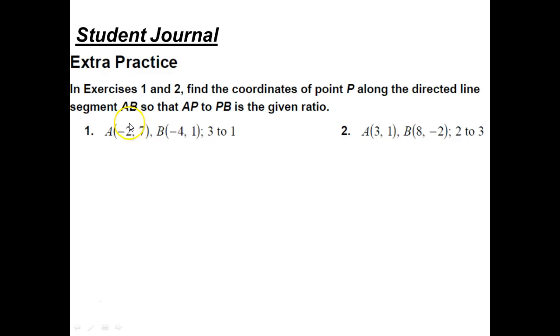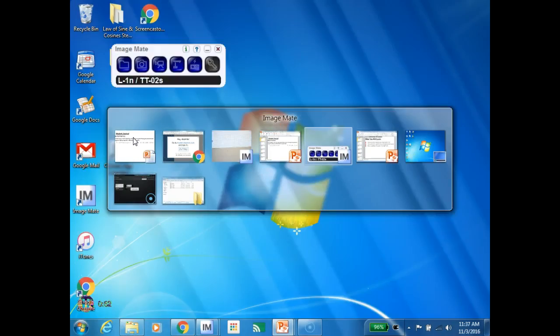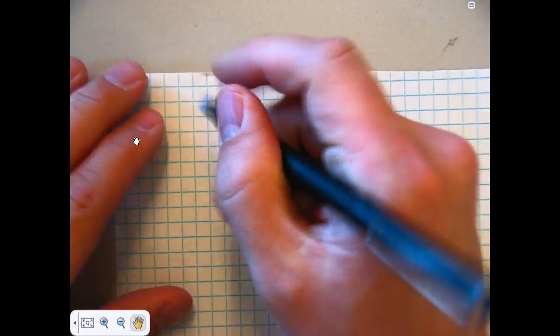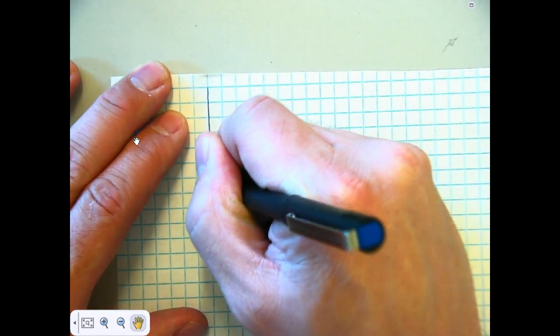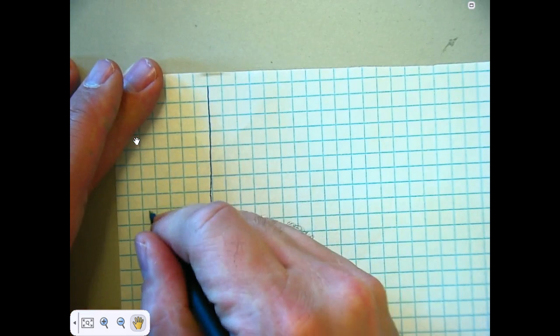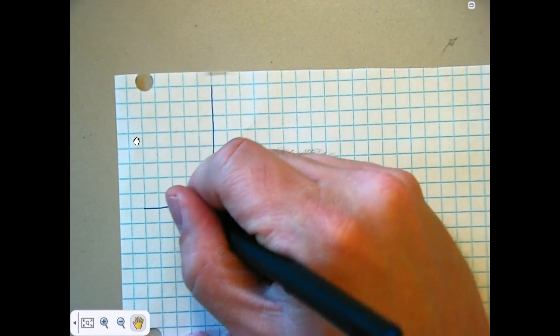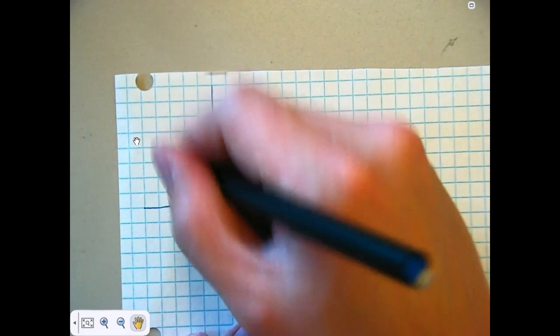Okay, so let's go ahead and at least plot these points on the graph paper I gave you and draw a line. The coordinate -2, 7, and the coordinate -4, 1. Let's see if I can get to some graph paper here. There we go. -2, was it -2, 7? Okay.